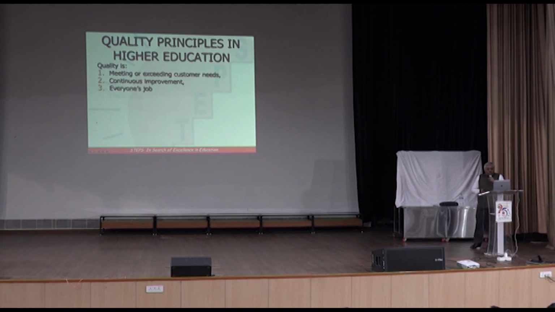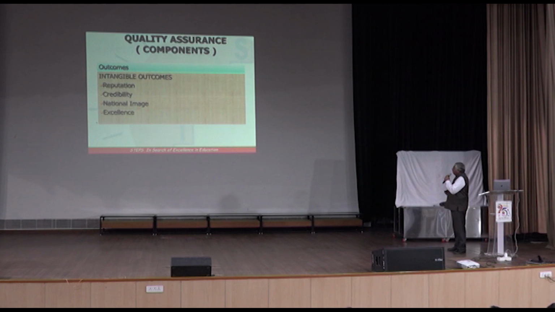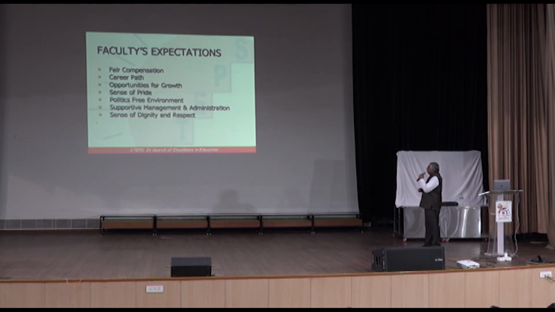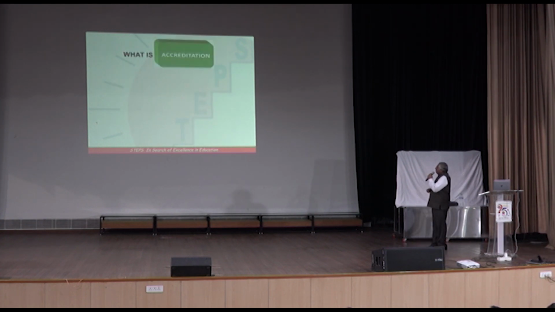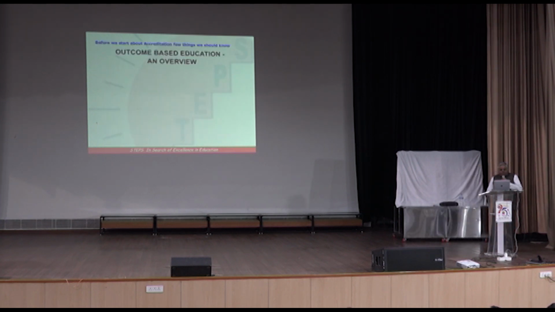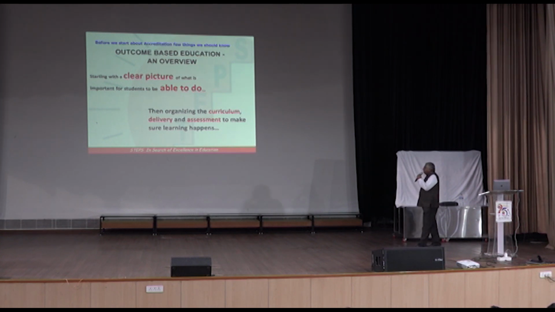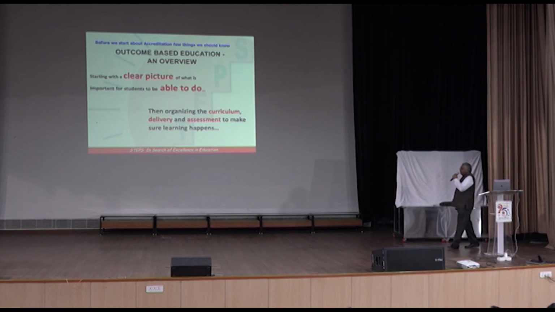Now I go back to my own presentation. This part I'm not covering because you already know these things. So these are the basic ones. This is very important. We say, starting with a clear picture of what is important for students to be able to do, and then organizing curriculum delivery and assessment to make sure that learning happens.